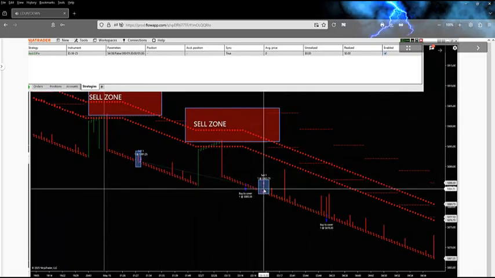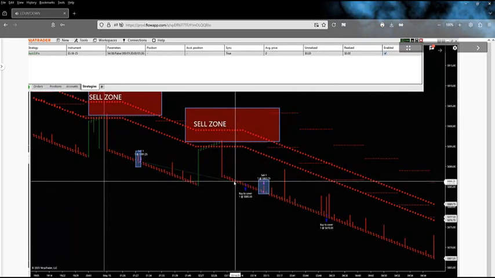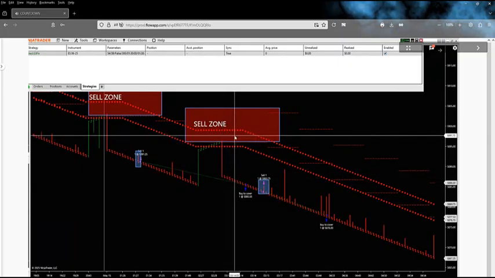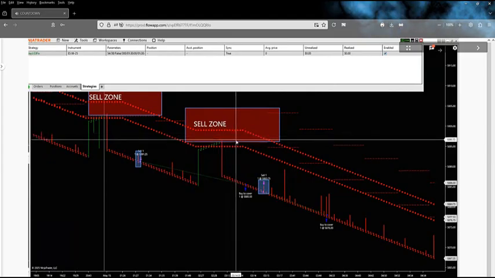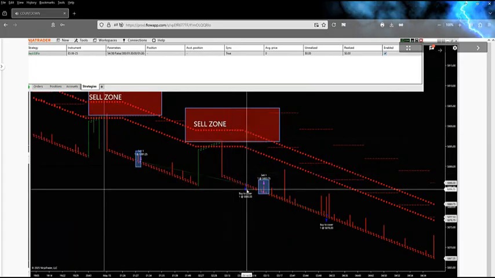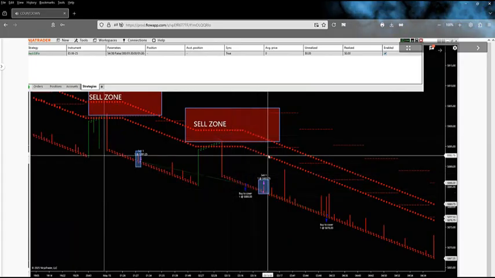Now, if you wanted to get right in at the V bottom or V top right here, be aware, the smaller Renko charts you go to, the more V tops and V bottoms you're going to get. So if I go to a smaller Renko chart, 1120, it may V top once or twice inside the zone. Run down a little bit, come up, V top. Run down a little bit, come up, V top.